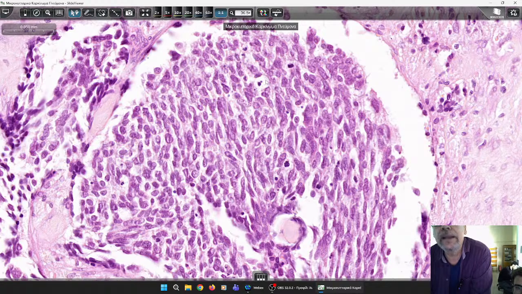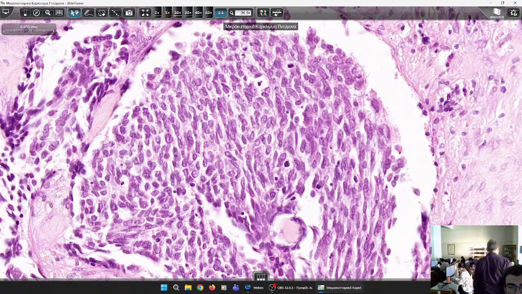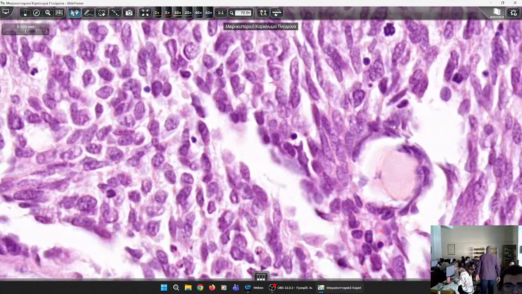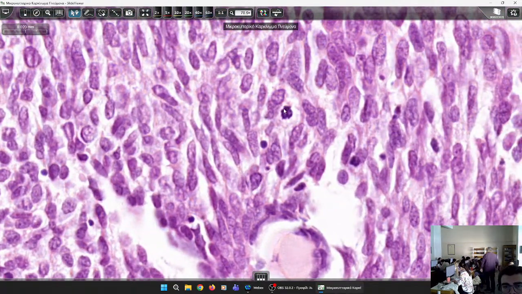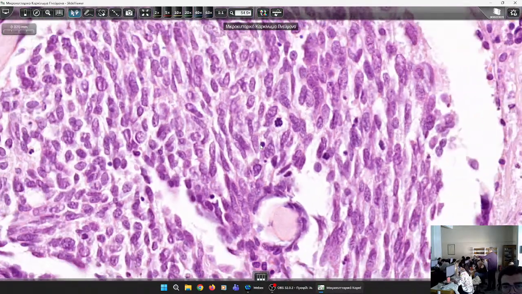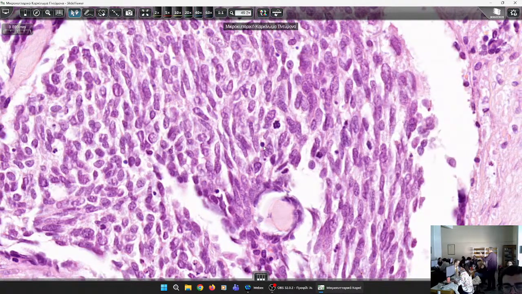However, I want you to identify this feature of the malignant cells of small cell carcinoma. This feature here, which is also potentially related to this tumor's chemosensitivity. What is this feature? This small fragment of nucleus.